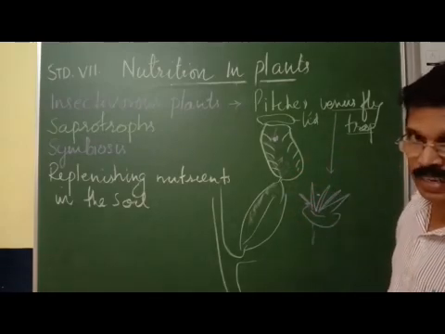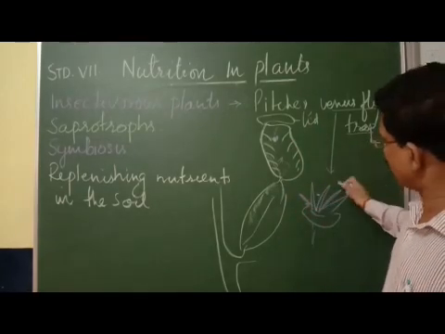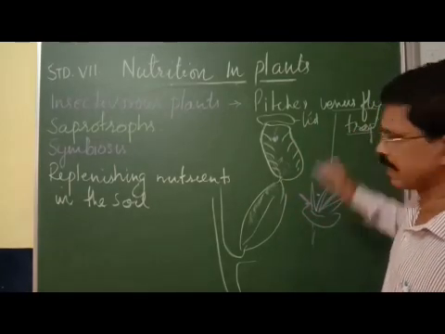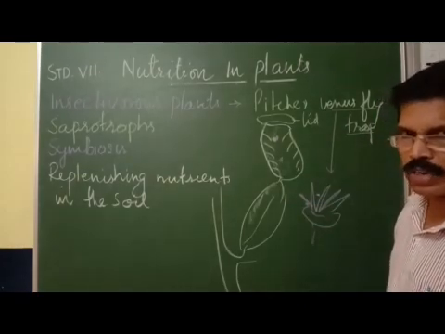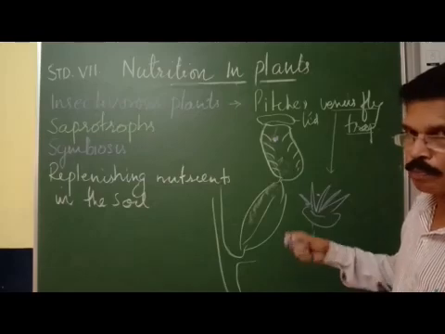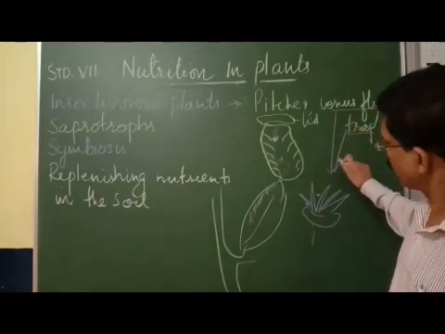Almost all plants need nitrogen for the synthesis of protein. So they mainly get this nitrogen from the insects.